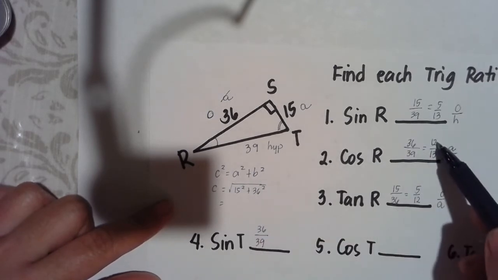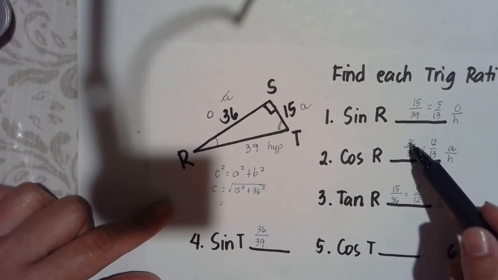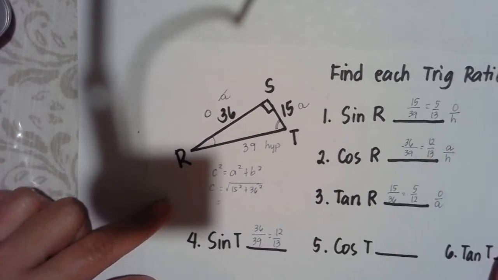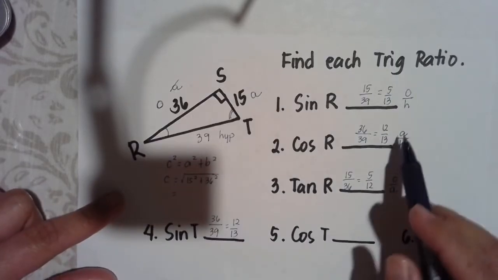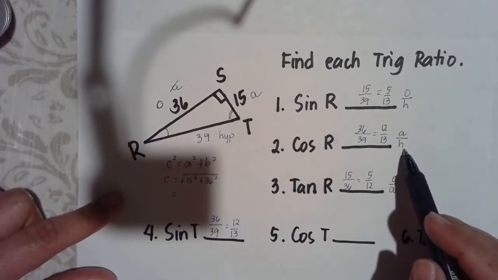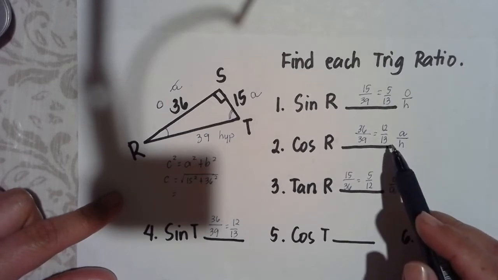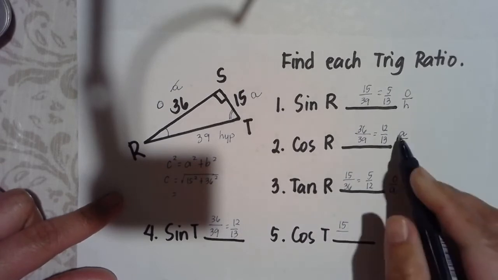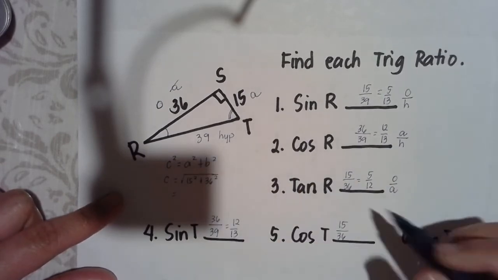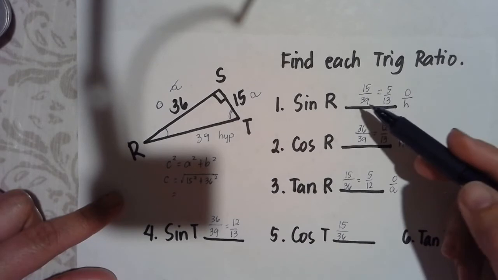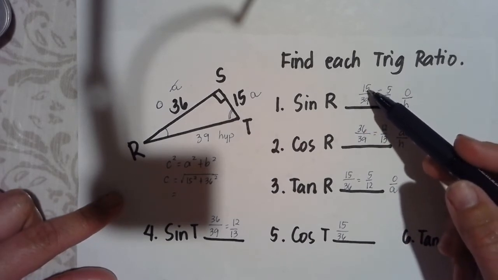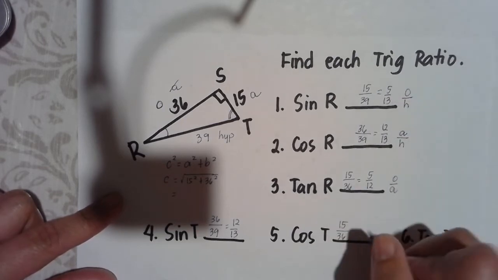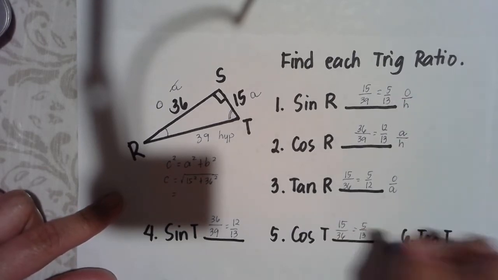We did that here, so I know the lowest term of 36 over 39 is 12 over 13. Next, cosine is adjacent over the hypotenuse, so your adjacent side is 15 over the hypotenuse, 39. Again, we did that for the first question: 15 over 39 is equal to 5 over 13. So I will write 5 over 13.